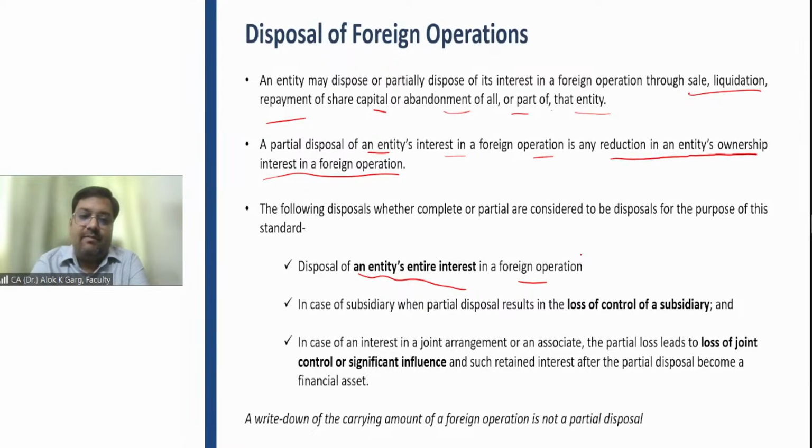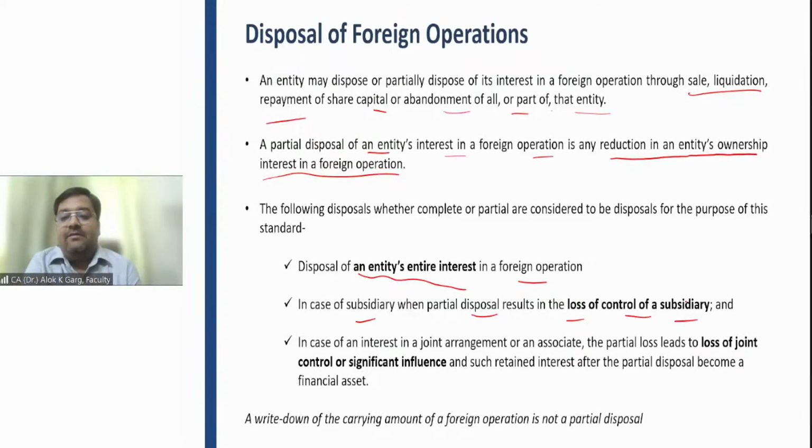because you have completely disposed of your foreign operation. In case of a subsidiary, where partial disposal results in the loss of control of the subsidiary, you have partially disposed and now you are not controlling the subsidiary. So when you are not controlling the subsidiary, you will not be consolidating the subsidiary, right? जब आप कंट्रोल करते हो तभी आप कंसोलिडेट करते हो, तभी एफसीटीआर आता है. जब कंट्रोल ही नहीं करोगे तो आप कंसोलिडेट भी नहीं करोगे.